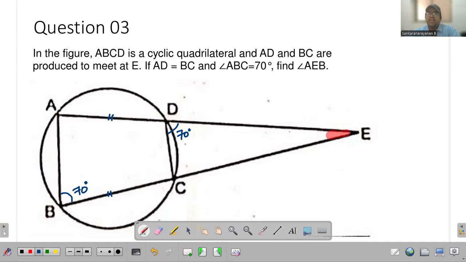By symmetry, because it's the same: you are drawing EAD from E, and you are drawing ECB from E. And it is given that DA and CB are equal. So that helps us to infer that this will also be equal to 70 degrees.